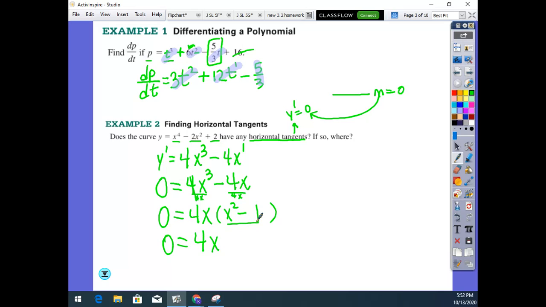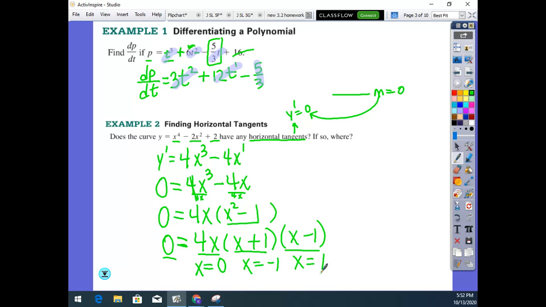I can then factor x squared minus 1 into x plus 1, x minus 1. I now have 3 factors. What makes each factor equal 0? When x equals 0, or when x equals -1, or when x is +1.